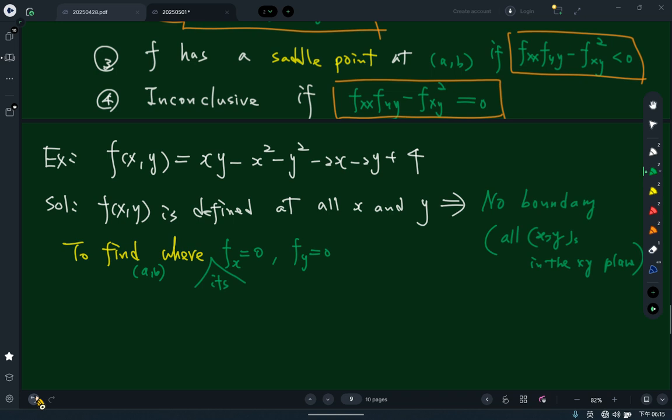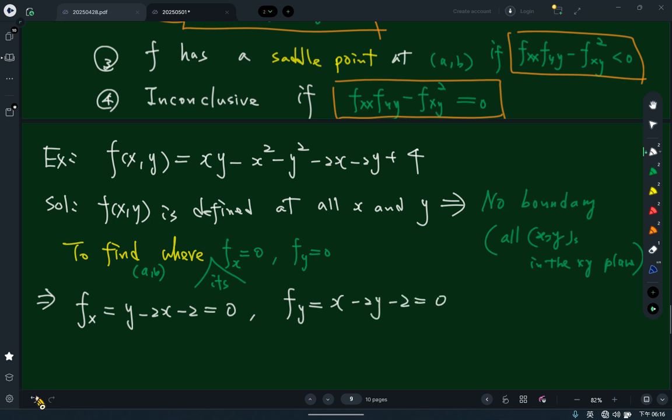So based on this, partial f partial x is equal to y minus 2x minus 2, set equal to 0. Partial f partial y, I think this is not a complicated calculation, so I believe that is easy for you.